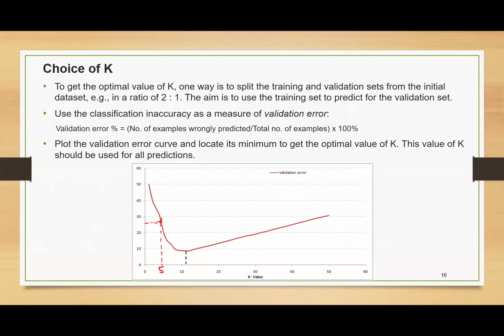During your validation of the model, you will see, oh, you have 25% error. And then you increase the value of K to 6, then you might find the error is decreasing. You only have 15% error, and then you increase the K value again.